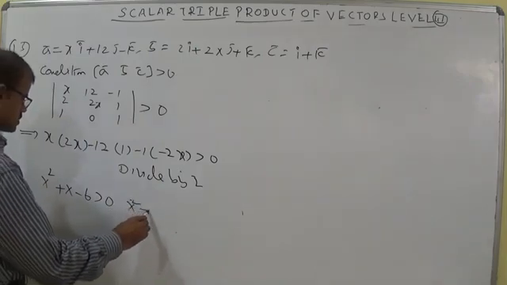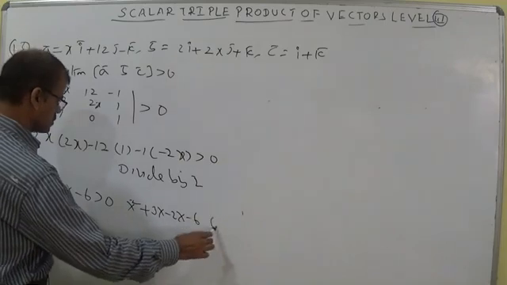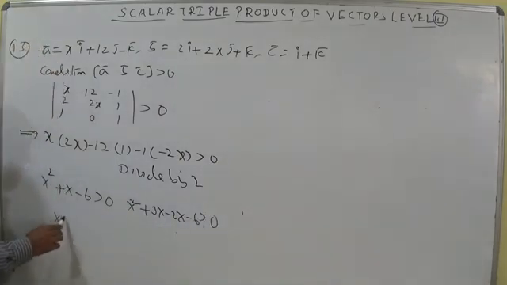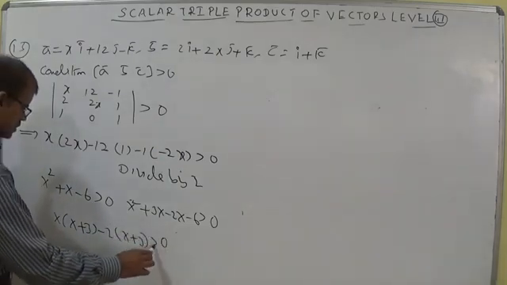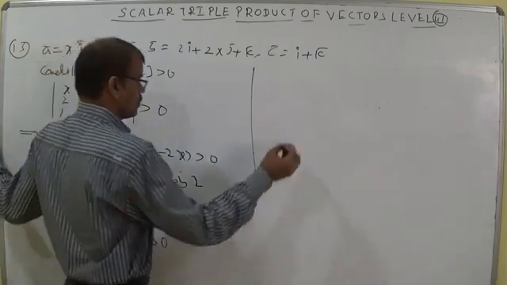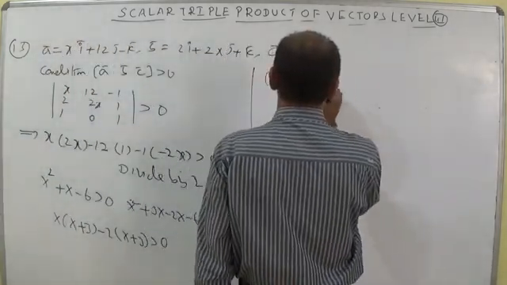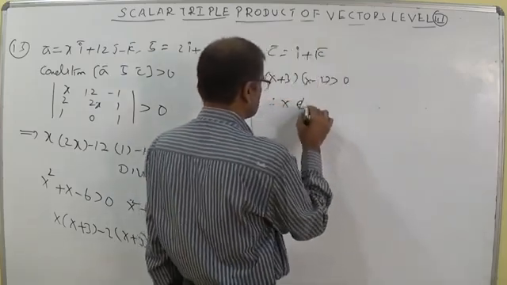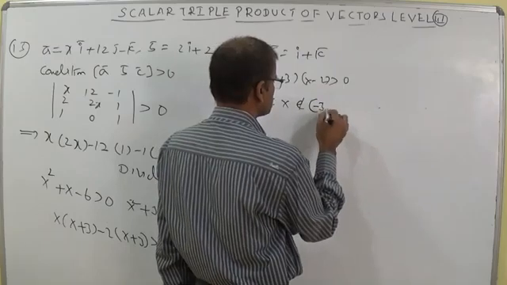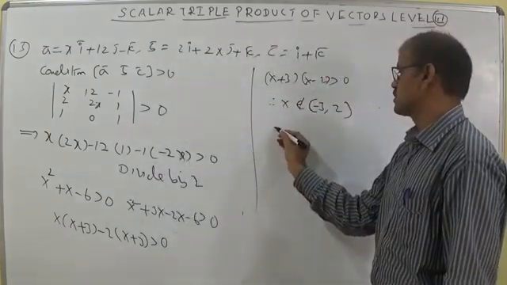Next, x square plus 3x minus 2x minus 6 greater than 0. Taking x common, it becomes x plus 3; taking minus 2 common, it becomes x plus 3, greater than 0. So x plus 3 into x minus 2 greater than 0. Therefore x does not belong to minus 3 comma 2.